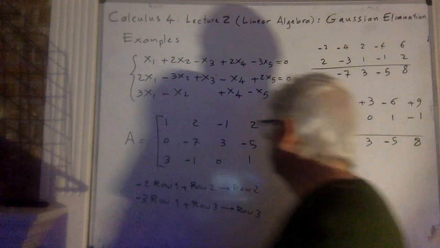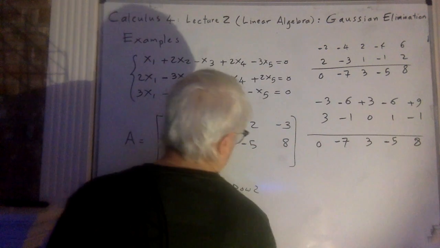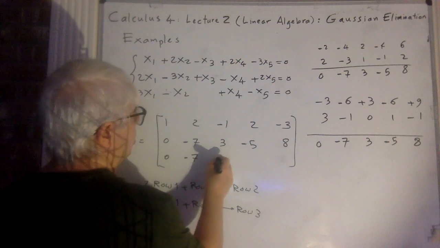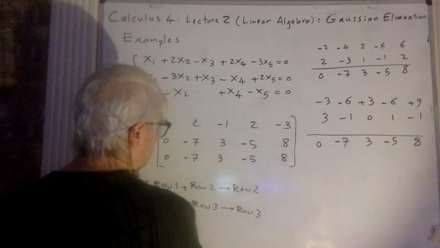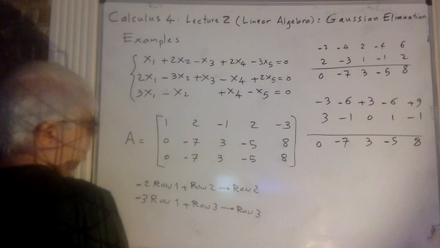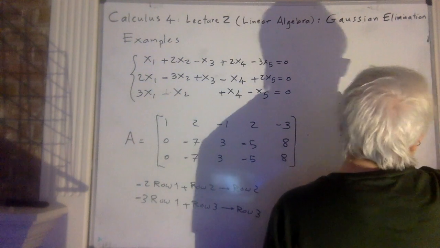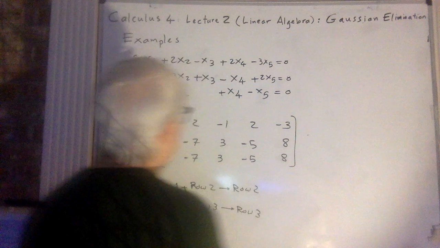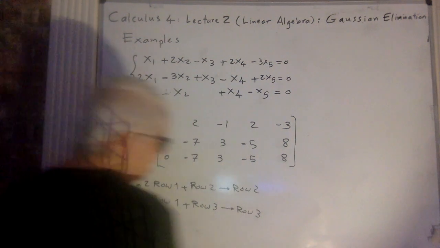So the third row will be 0, minus 7, and 3, minus 5, and okay. Now I will use this to eliminate this.